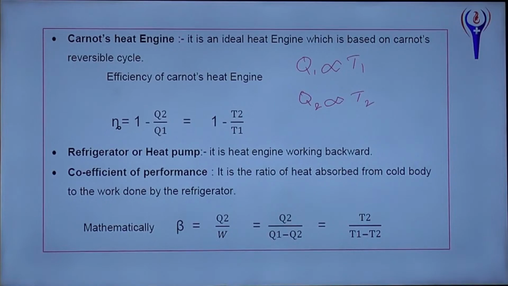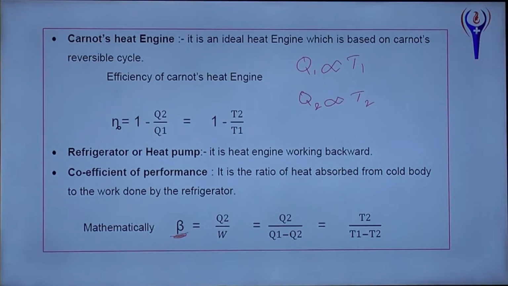Refrigerator, heat pump. It is a heat engine working in a backward, reverse way. Here we don't say efficiency; just like efficiency, for a refrigerator it is the coefficient of performance, denoted by the symbol beta. Beta equals Q2 by W, the heat absorbed from the cold body by W, and W is Q1 minus Q2.